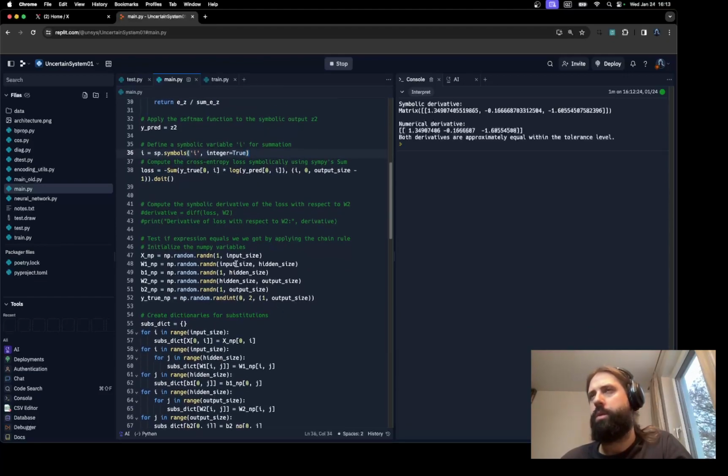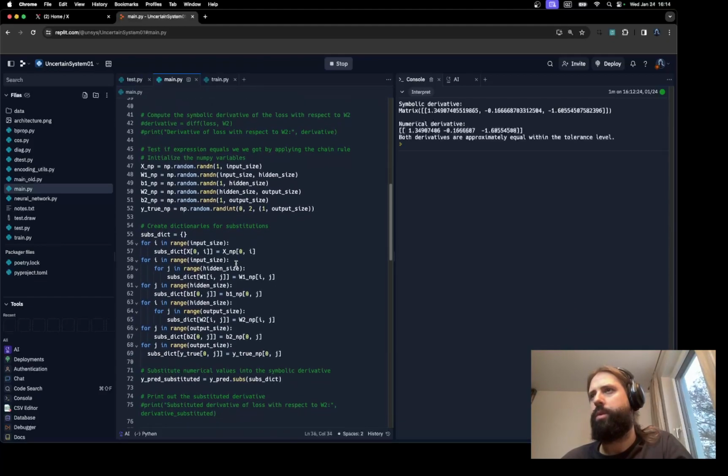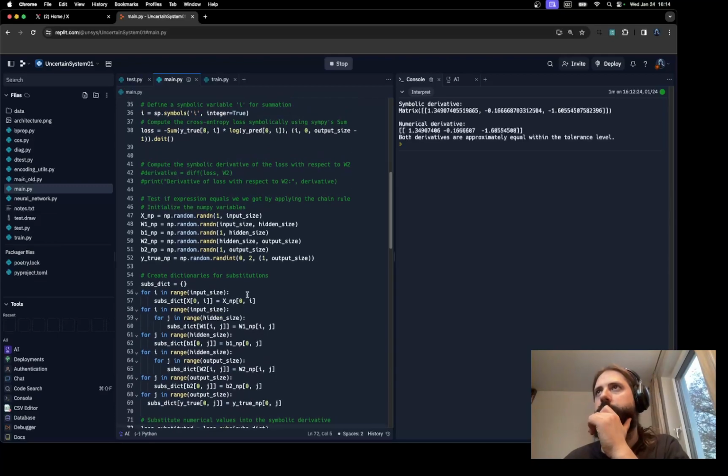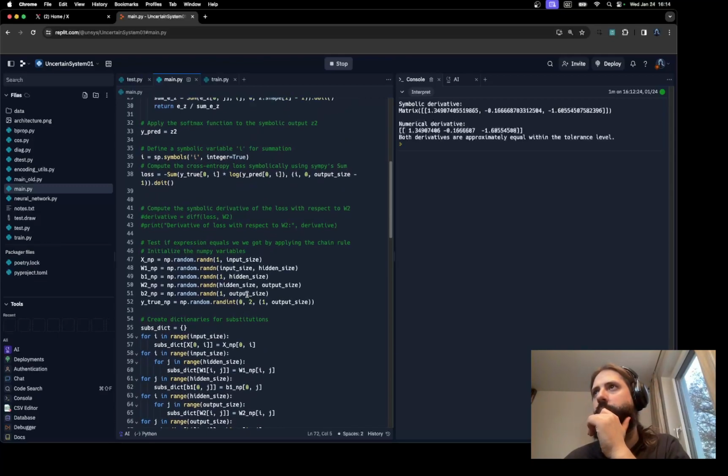So now we're doing loss. What if we do loss and loss substituted, right? Because loss is just using y pred values.